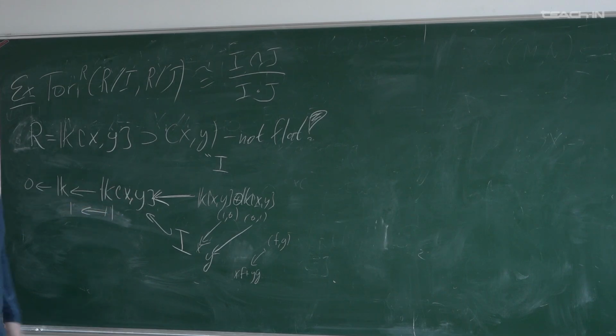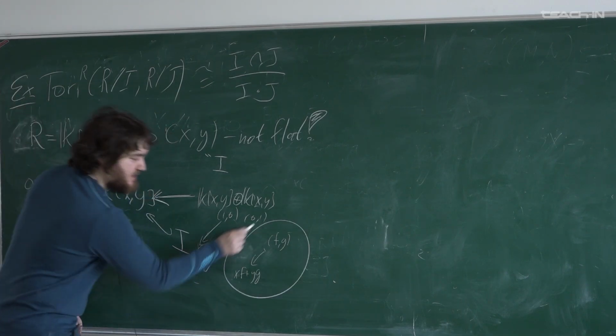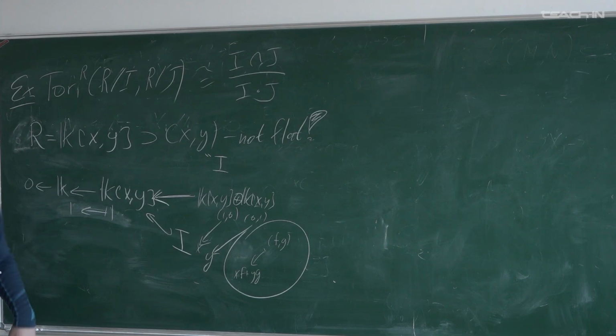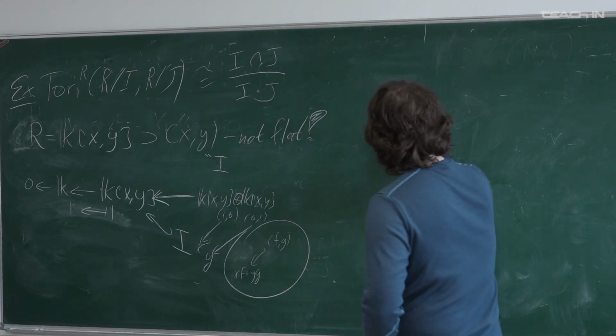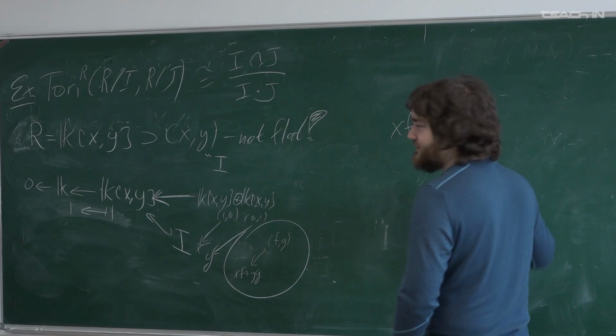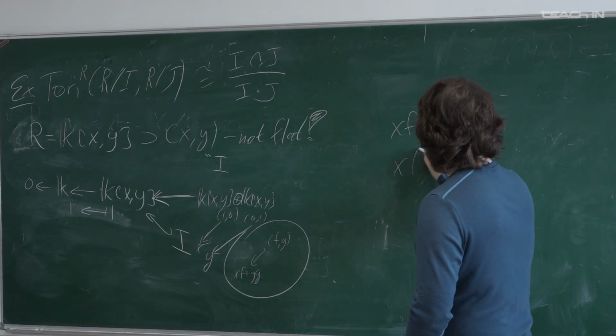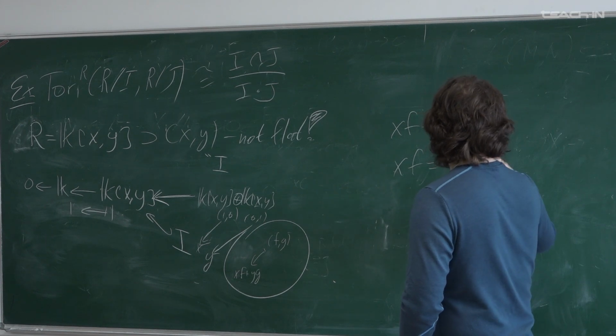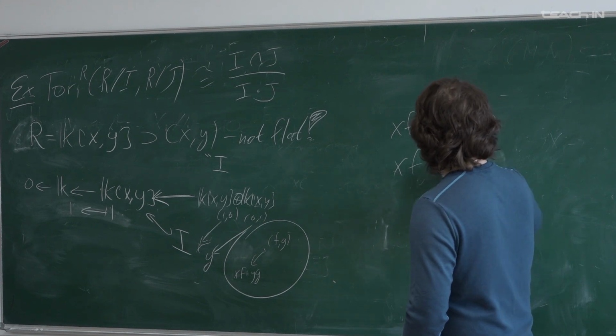So what is the kernel of this map? If xf plus yg is 0, then xf equals minus yg, where f and g are polynomials in two variables.